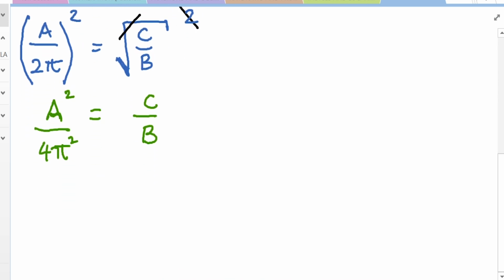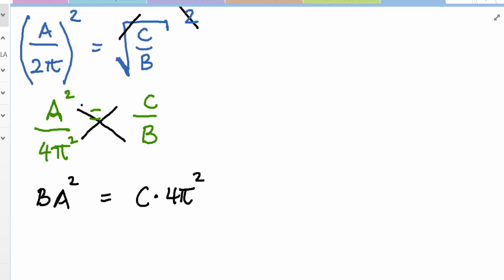So from there, we can make this a flat equation by cross multiplying. So this becomes b a squared is equal to c times 4 pi squared. We are interested in isolating b, okay? So let's eliminate this a squared. We do that by dividing both sides by a squared, so that this goes with that.